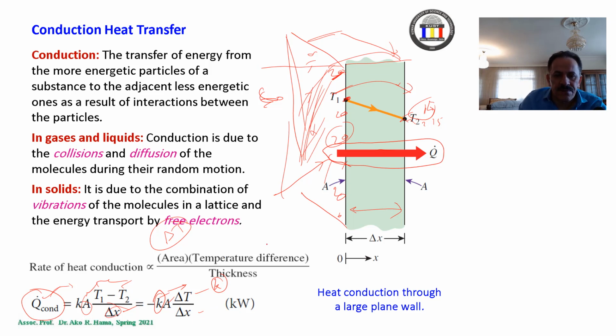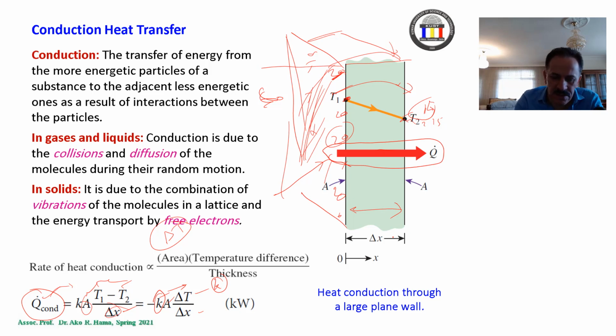For example, it tells whether the material will help conduct the heat faster or slower. If you have copper, it will conduct very quickly, which means it has a very high value of K. A low value of conductivity means the material will not help heat transfer by conduction.